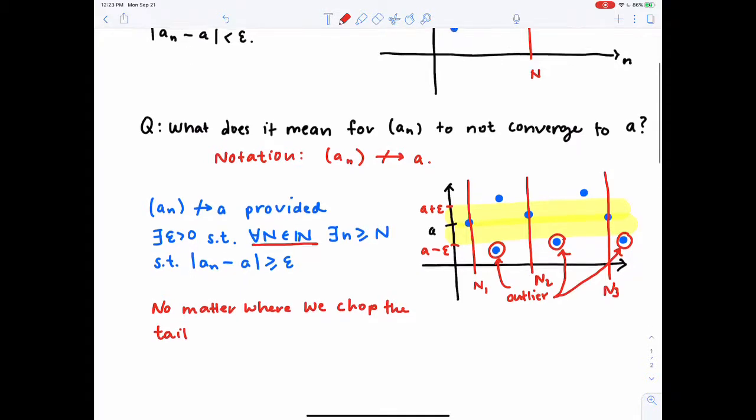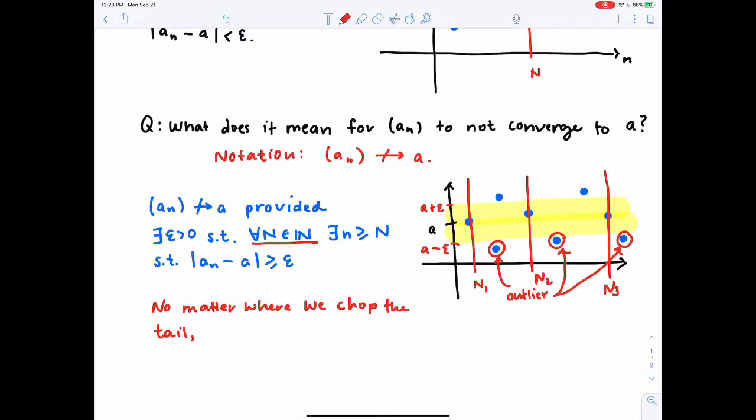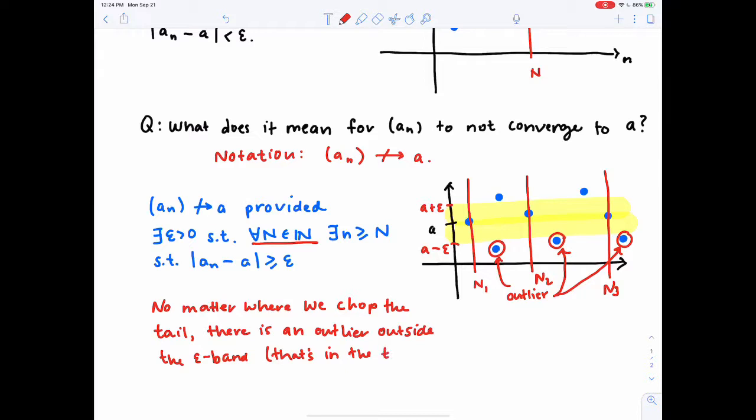So no matter where we chop the tail, there is an outlier outside the epsilon band that's in the tail. This right here is our outlier. We're saying there is an index that's too far away.